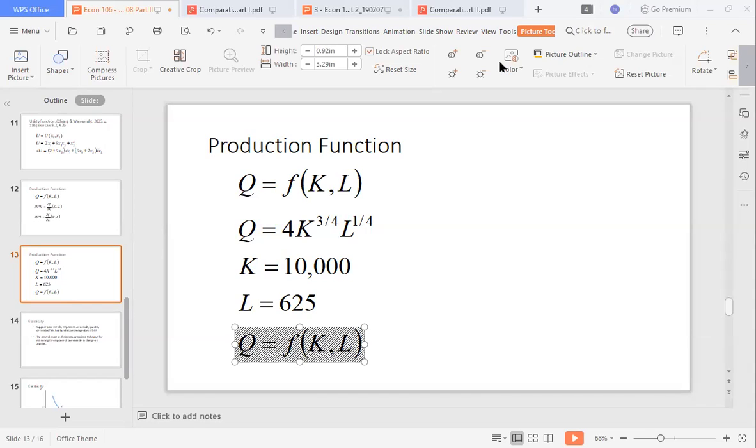What is Q equal to? Let me also do my own calculation here.